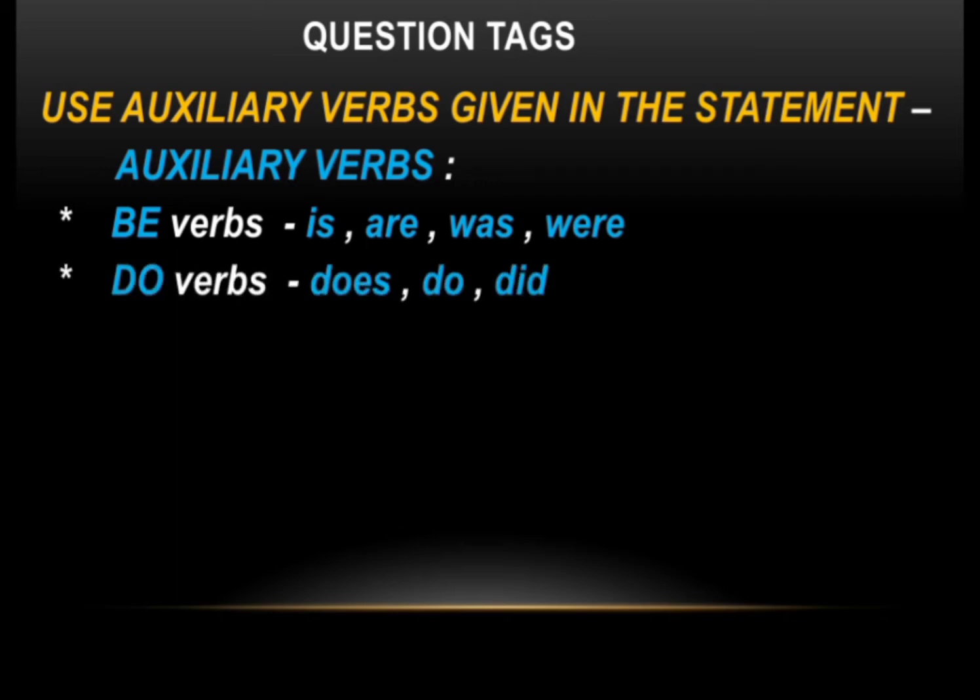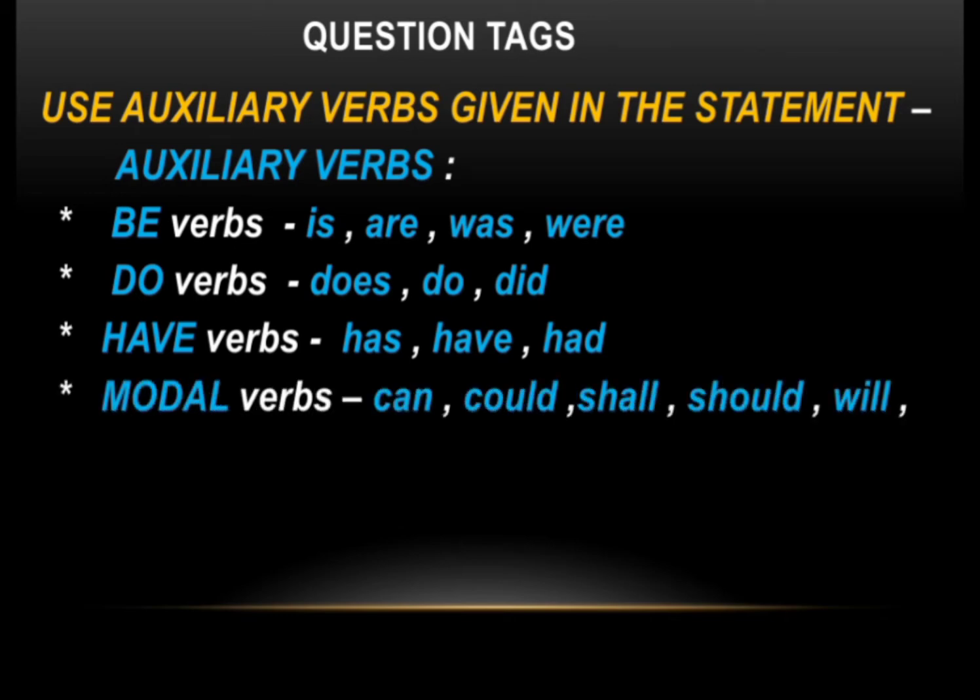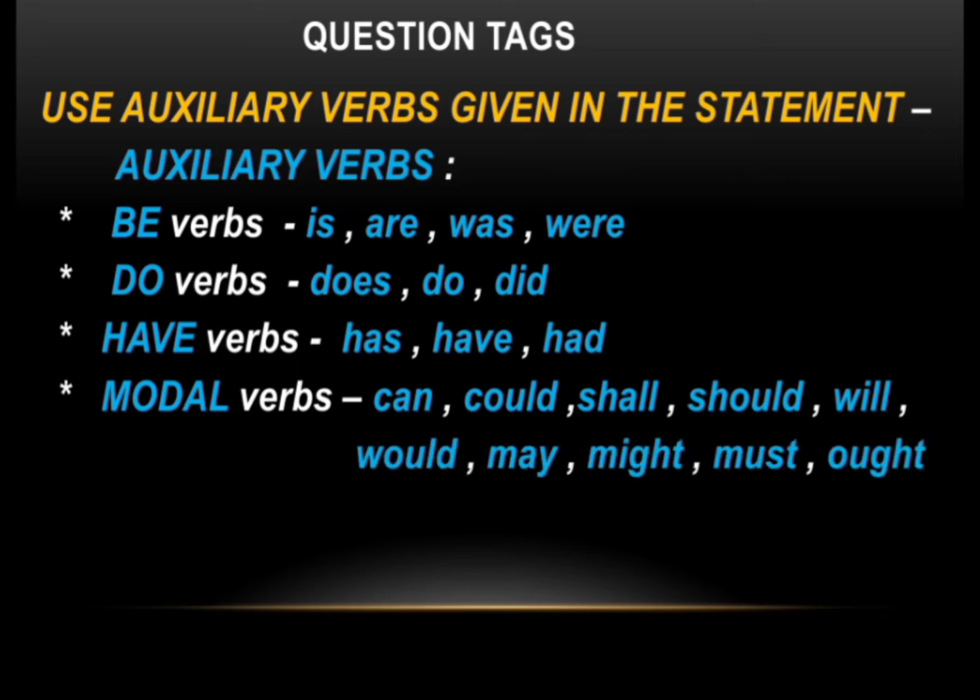The do verbs are do, does, did. The have verbs are has, have, had. Modal verbs are can, could, shall, should, will, would, may, might, must, and the semi-modal verb ought.